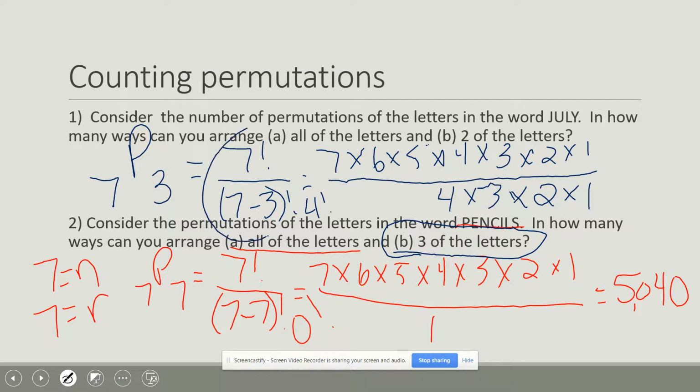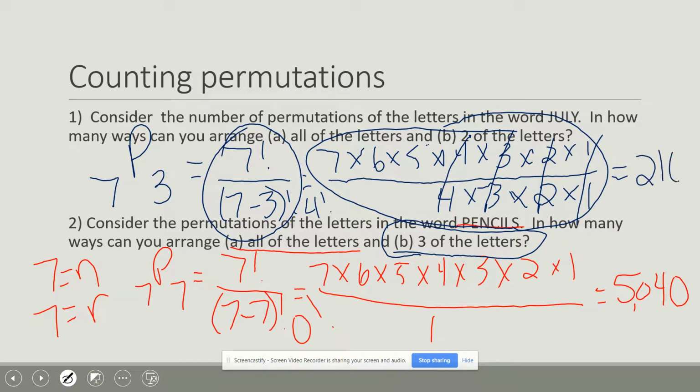So we can put all this into the calculator when we learn how to do that, or we can cross these out because, again, they're common things on the top and the bottom of a fraction, and that leaves us 7 times 6 times 5, which is 7 times 30, or 210. So there's 210 ways to arrange 3 of the 7 letters in the word pencils.